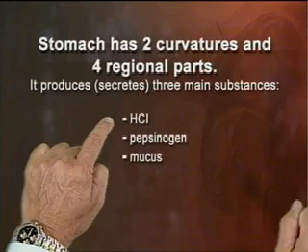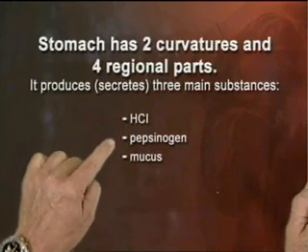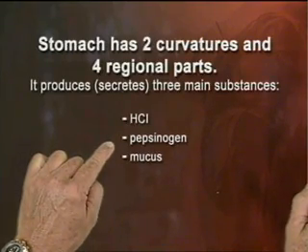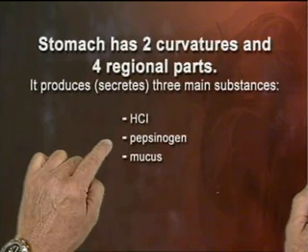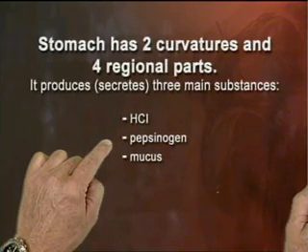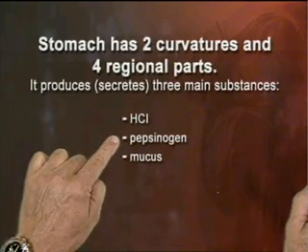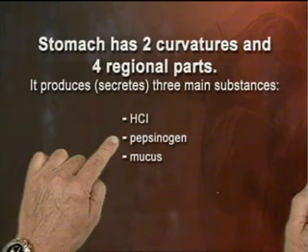The hydrochloric acid is necessary to convert pepsinogen to pepsin. And pepsin is a protein hydrolyzing enzyme. It will break down protein. This is the only hydrolytic enzyme that the stomach produces. And so the only degradation of foodstuffs that occurs in the stomach is some breakdown of protein.